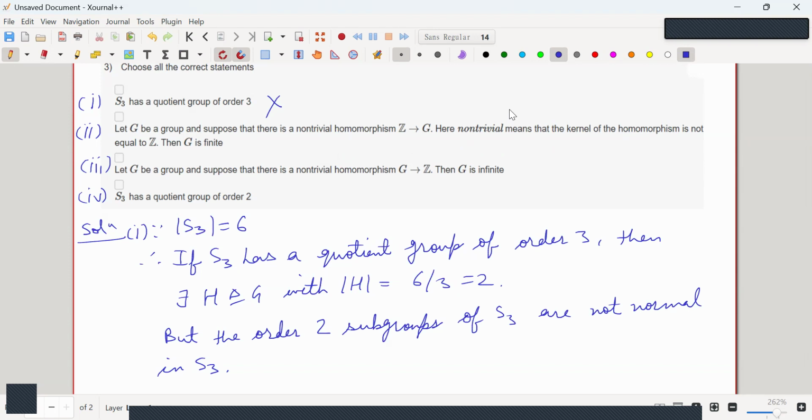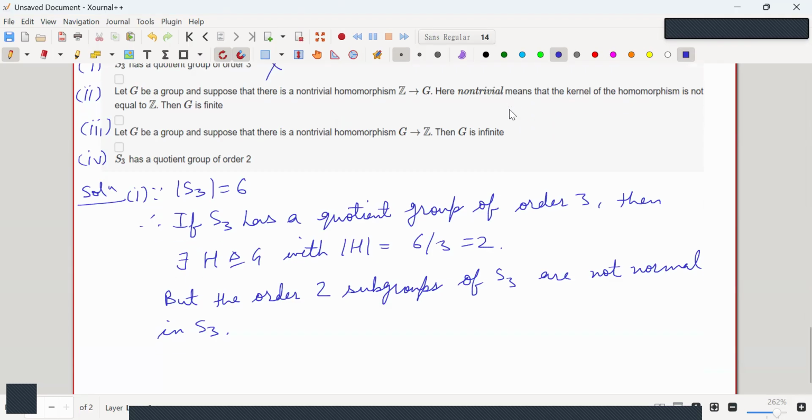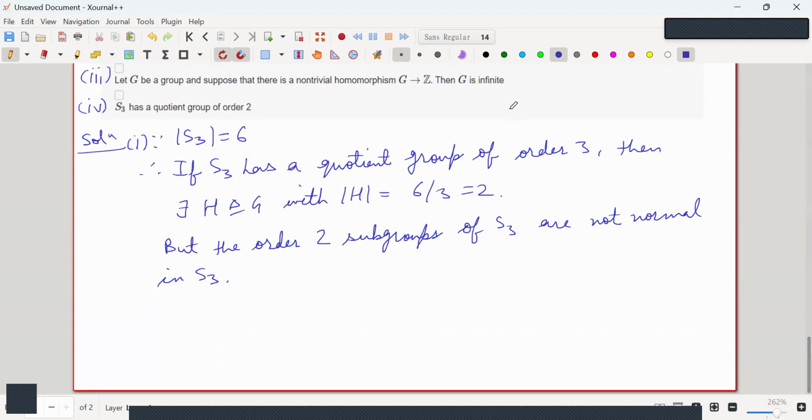And can we have more such maps? You can take any non-trivial subgroup of Z. Take G to be any nZ where n is non-zero.